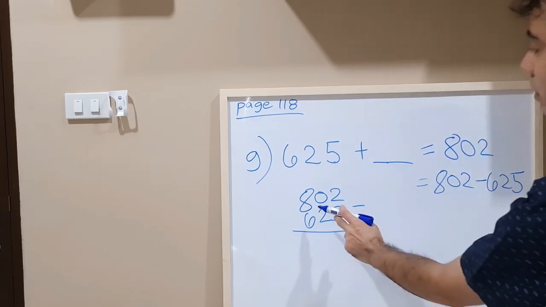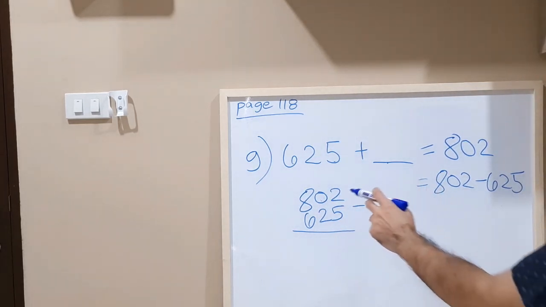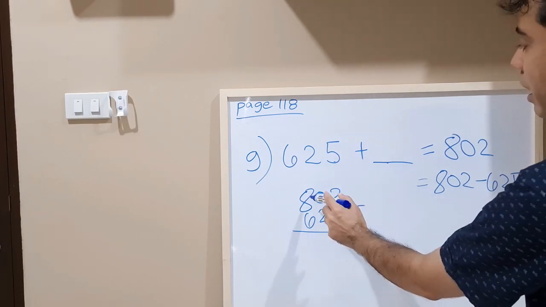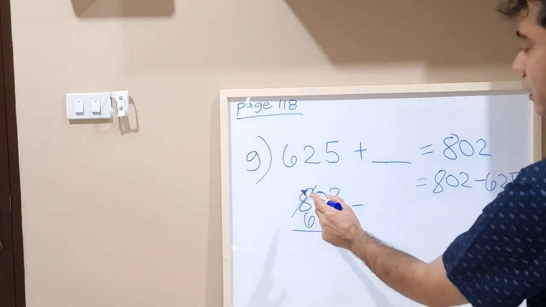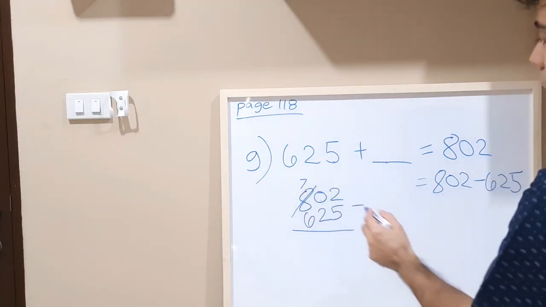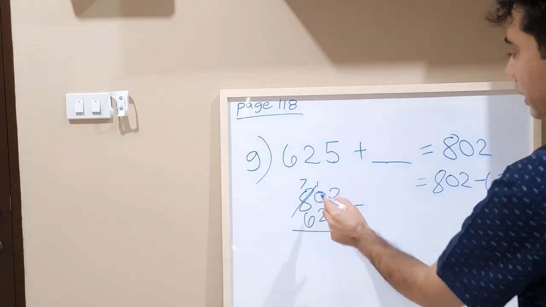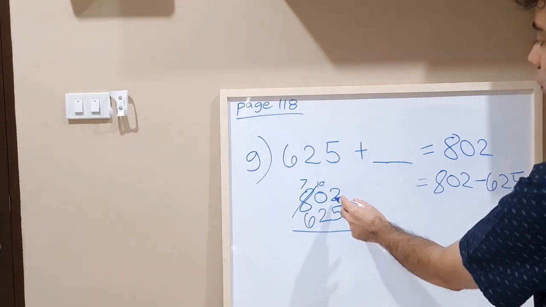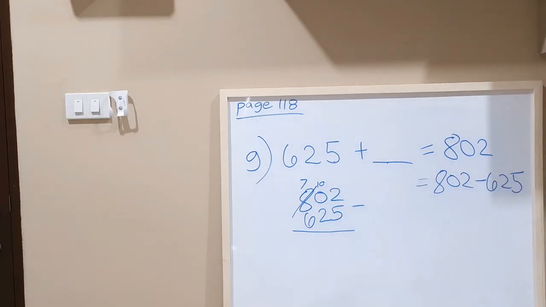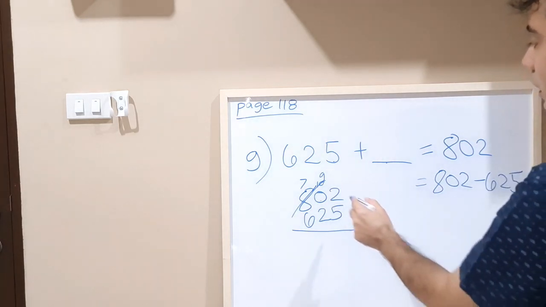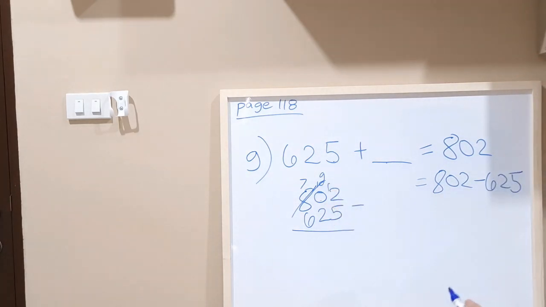So we borrow from our neighbor. But the tens place, it's 0. So the tens place can borrow from hundreds place. So 8 will become 7 and 0 will become 10. Now 2 can borrow from 10. So 10 will become 9 and 2 will become 12.